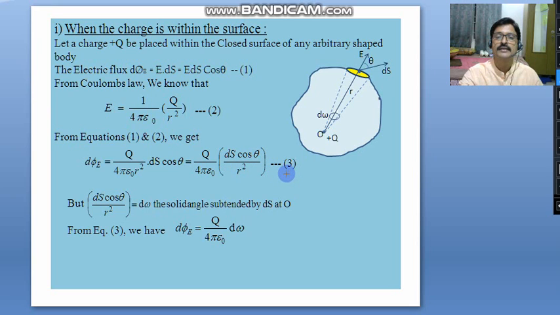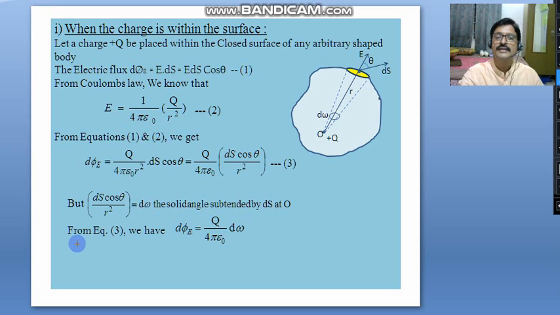This is equation number 3. Here ds cos theta by R square represents the solid angle subtended by the surface at point O. This is represented with d omega, the solid angle subtended by the surface at point O.